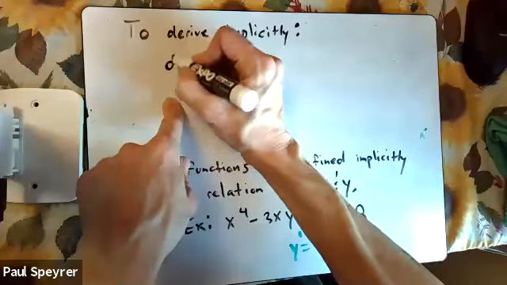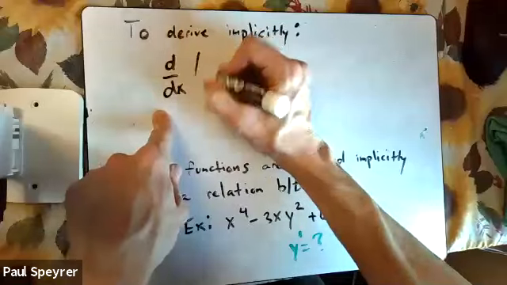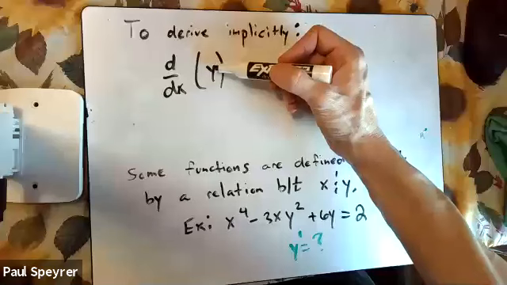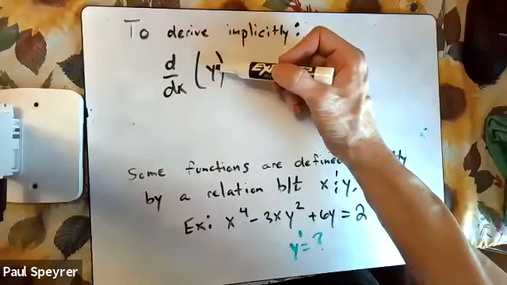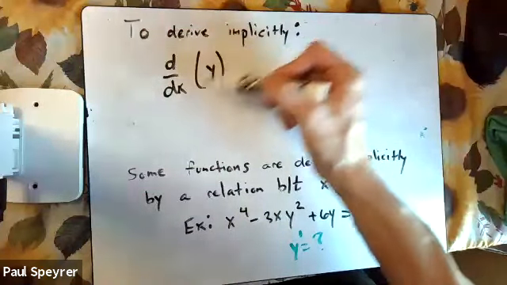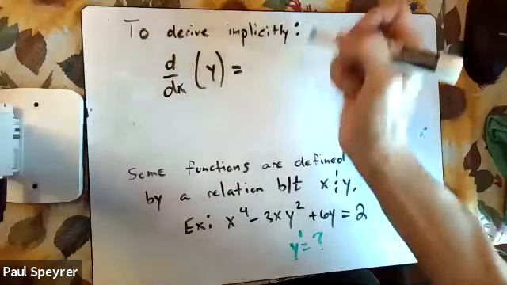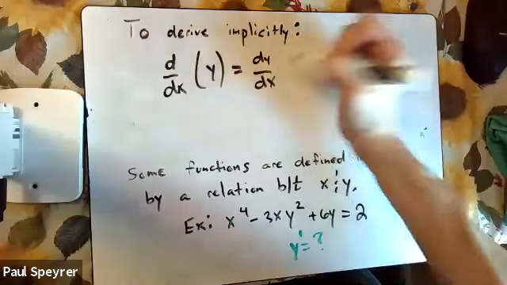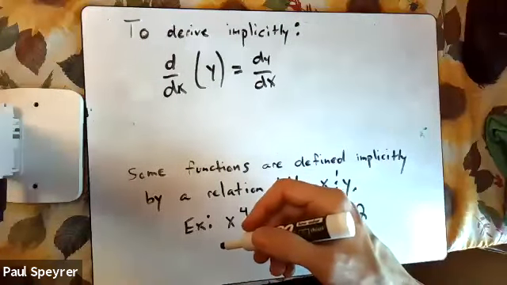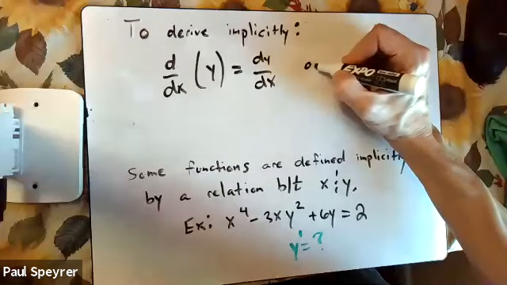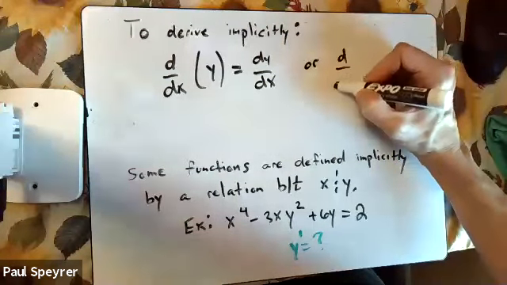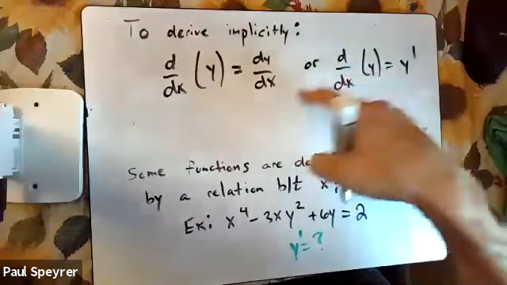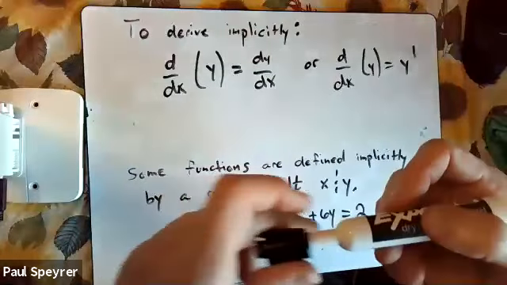If I have d dx of, say, y, we're just differentiating y. Remember, these are two different variables, so this y is not going to disappear. This is just going to become dy dx. That's the generic form. Or you could say d dx of y equals y prime. That just means the derivative. And that's the gist of it right there.